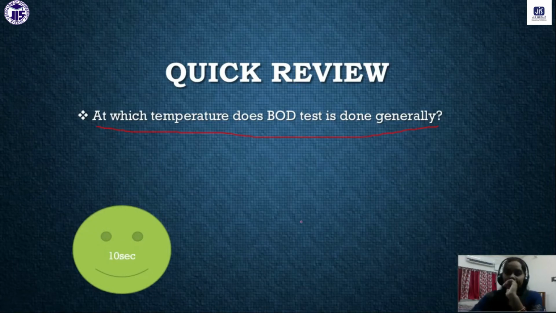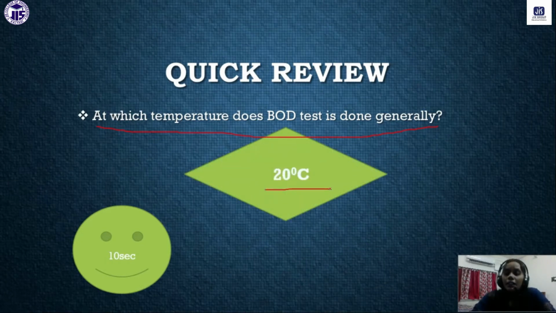Your time is over, and you're absolutely right, students. We generally do the BOD reaction at 20 degrees centigrade for 5 days in a dark place. What we should do is collect the wastewater sample, dilute it, and keep it in a dark place for 5 days at 20 degrees centigrade, and after that the reaction will be completed, or it may not be.